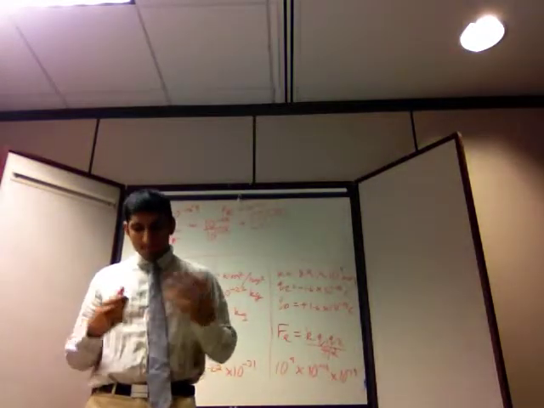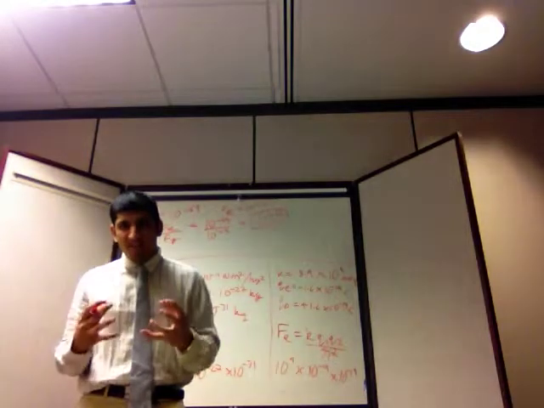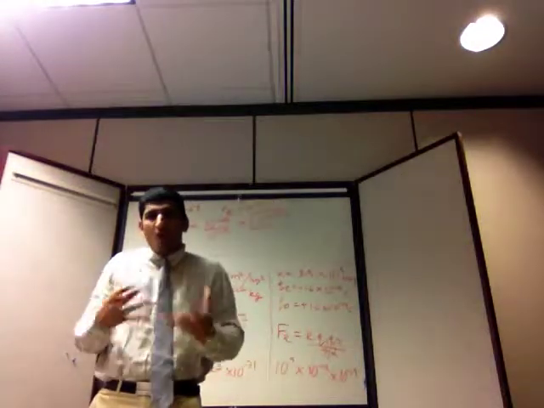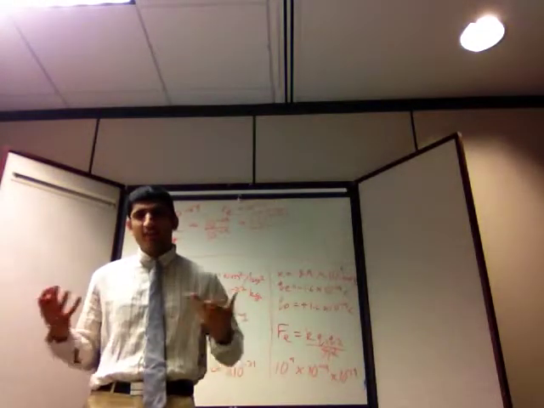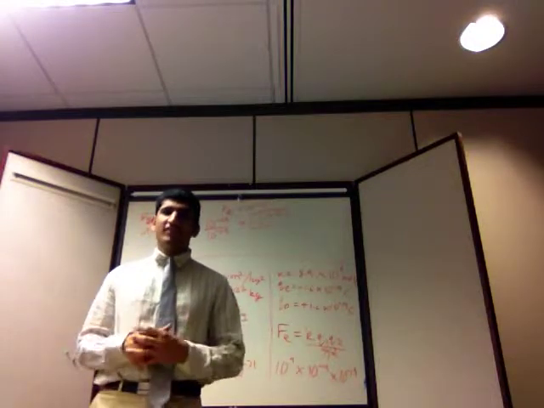Similarly, we can see that at a really small scale, which is the quantum world, gravity has almost no effect. In fact, in quantum mechanics, we don't even take gravity into account because gravity is so small it's negligible.